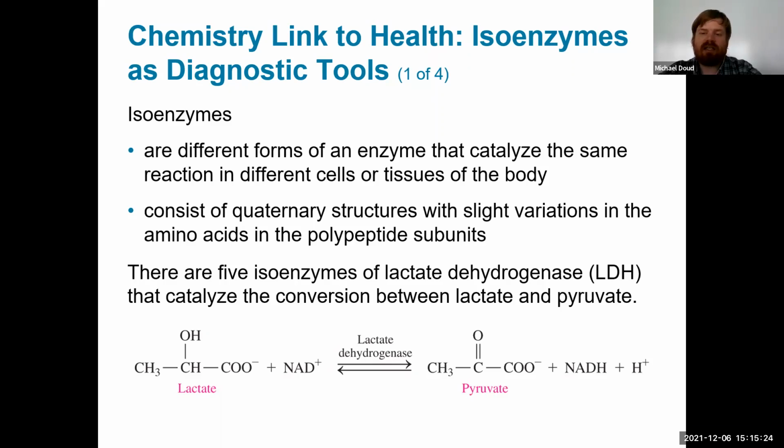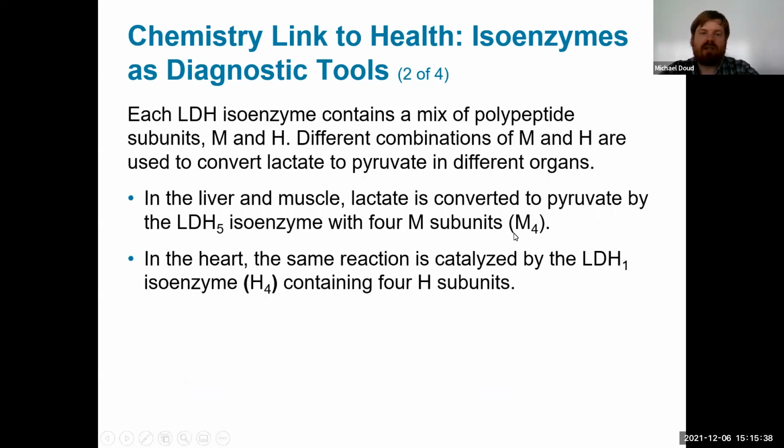So for example, lactate dehydrogenase catalyzes the conversion between lactate and pyruvate. These are the monomers listed here, lactate and pyruvate. And those differences can occur in different places.